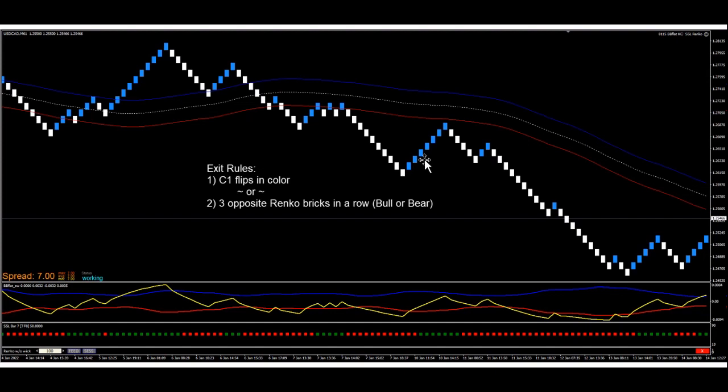At this point, on that brick right here, I would exit the trade. Now granted, our C1 may have flipped before that, but that's just my rule, and it's whichever comes first. Either my C1 is going to flip, or I'm going to have three of the opposite Renko bricks in a row, and that's when I get out.